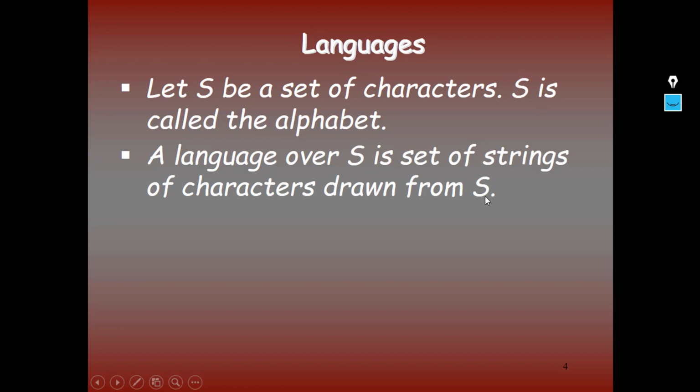Anyway, the concept is that an alphabet is a set of letters or a set of symbols or a set of characters. From that set of characters, we can create words, and we say that this language is defined over that alphabet. So a language is a set of strings of characters drawn from S. Each string must be constructed from that set of letters, and no other letter outside the set.